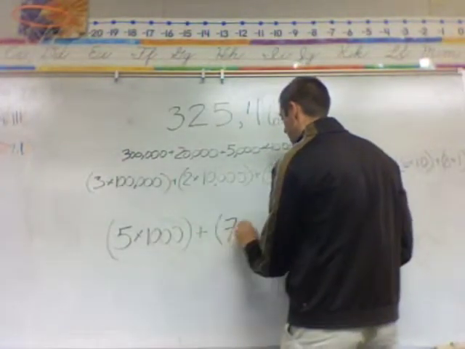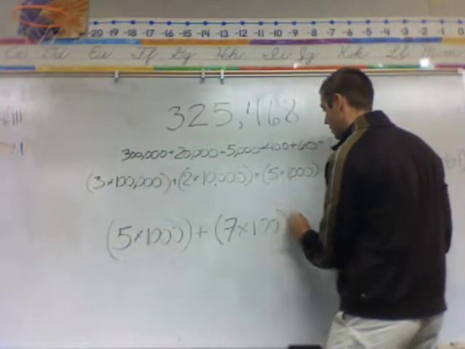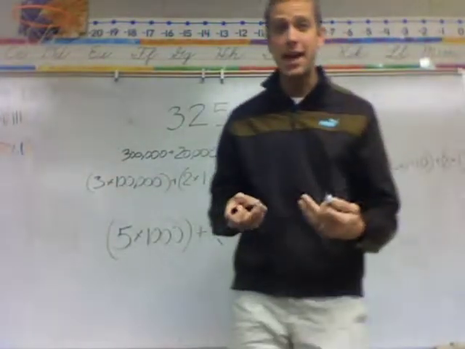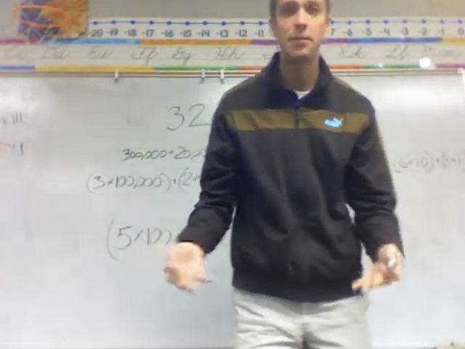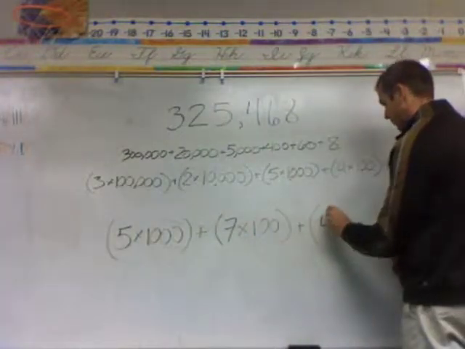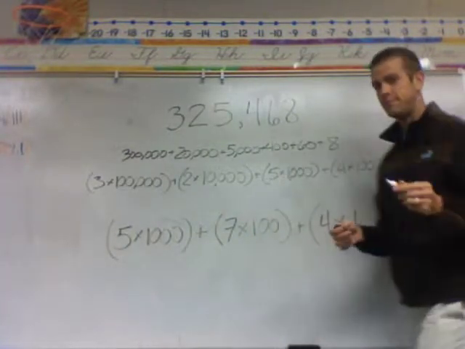So I have 700, 7 times 100, plus, and then notice it skips tens. So don't write anything, just skip it. And go right to 4. 4 is 4 times 1.